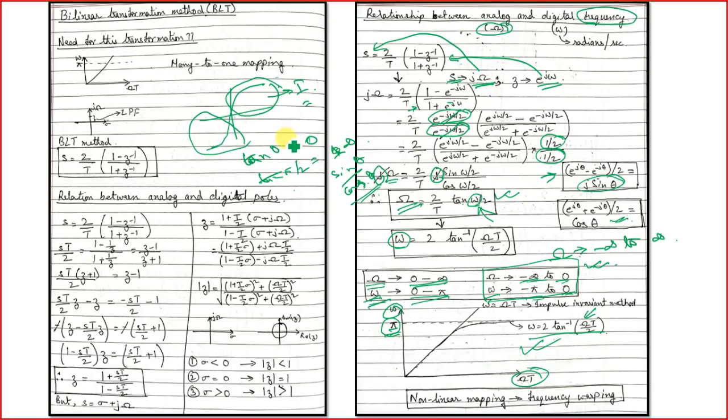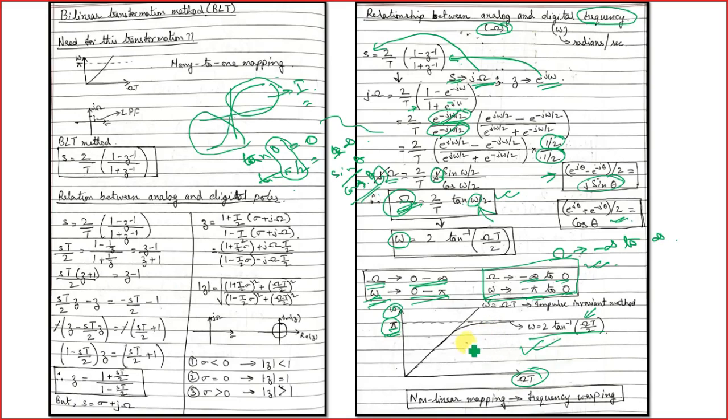So this angle remains within the 0 to pi region. So even for the infinity value of omega, you will be having some values of omega, right?